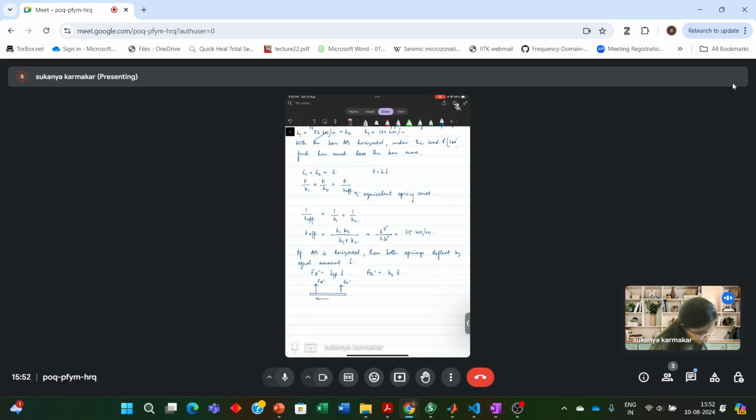The distance between FA dash and FB dash is A, and here you have the point load P, that is 1 kilonewton, and this is some distance B away.